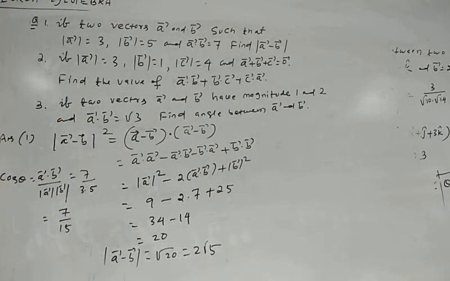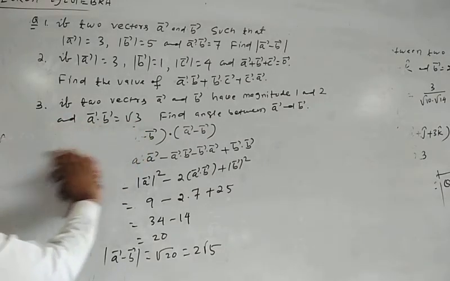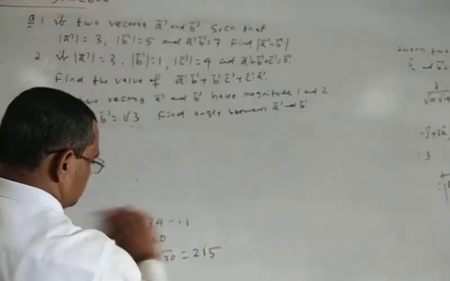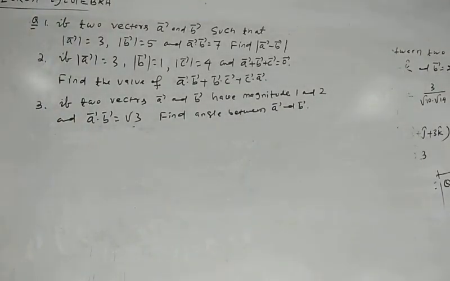Next, the second question. Number 2. Here A vector magnitude 3, B vector magnitude 1, C vector magnitude equal to 4, and A vector plus B vector plus C vector equal to 0.